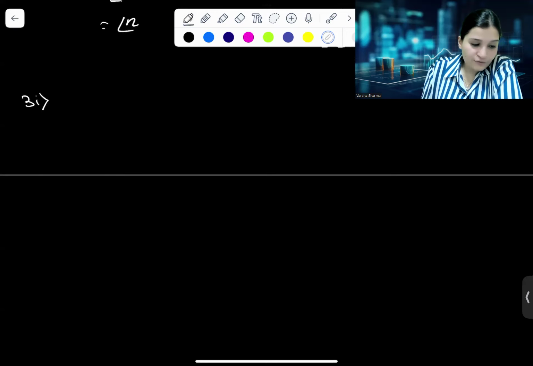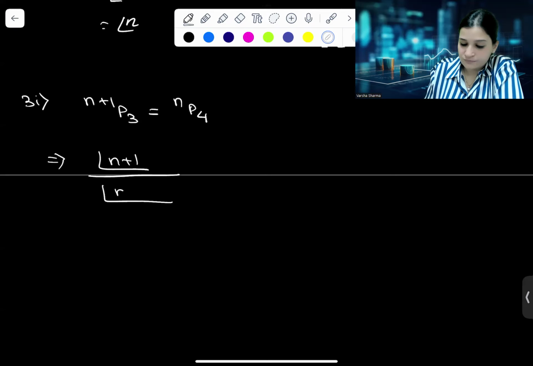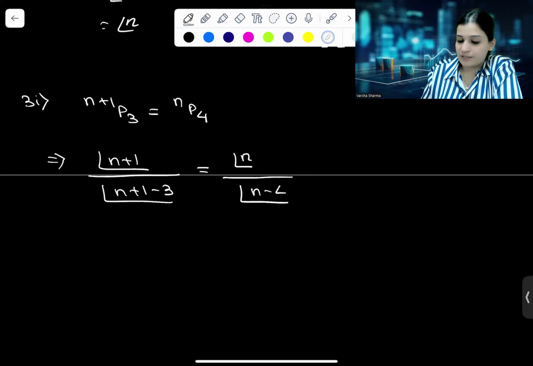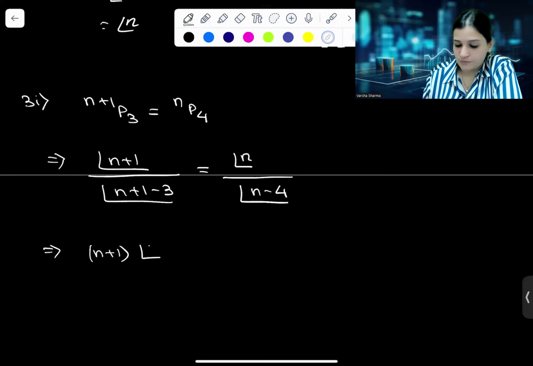P1. We need to find n. n plus 1 P3 equal nP4. Factorial n plus 1 upon factorial n plus 1 minus 3, equal factorial n upon factorial n minus 4. n plus 1 factorial can be opened as n plus 1 into n factorial.